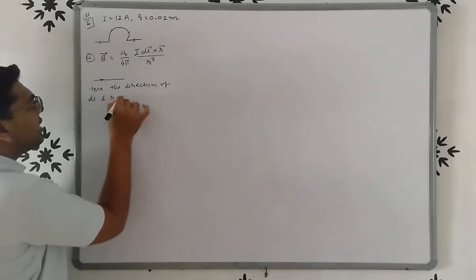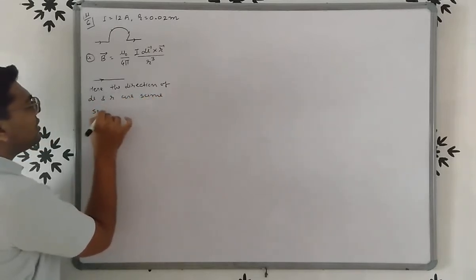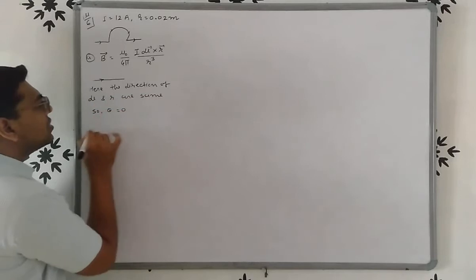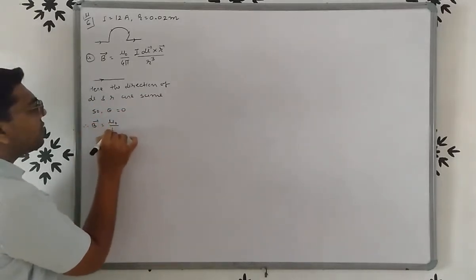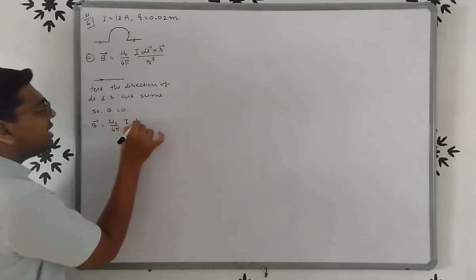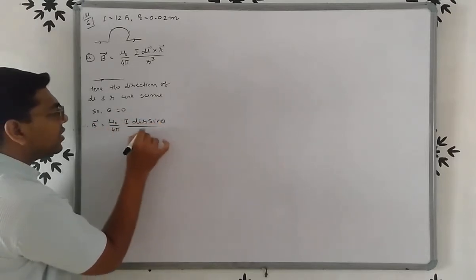The directions of dl and r are same, so theta will be 0. So B is equal to mu 0 by 4 pi, I dl r sin theta upon r cubed.